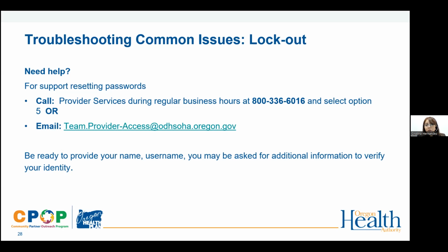Anything else just to verify that you are you, because you have so much access to basically our entire Medicaid population on this database, we have to be super careful. So just be ready that they might ask you for some additional information beyond your assister ID number to verify your identity before they unlock your account.